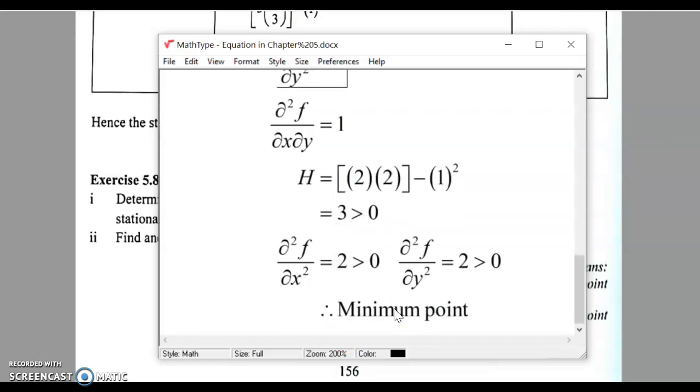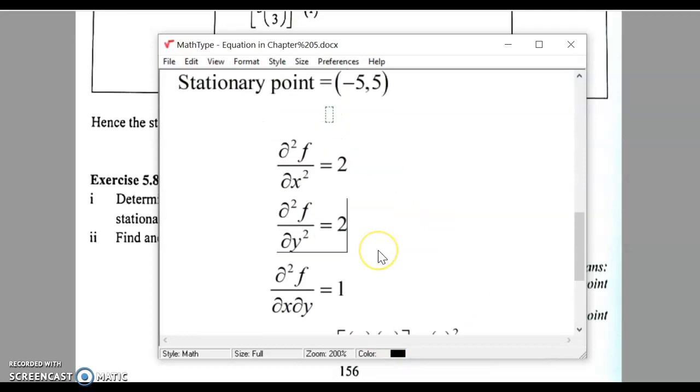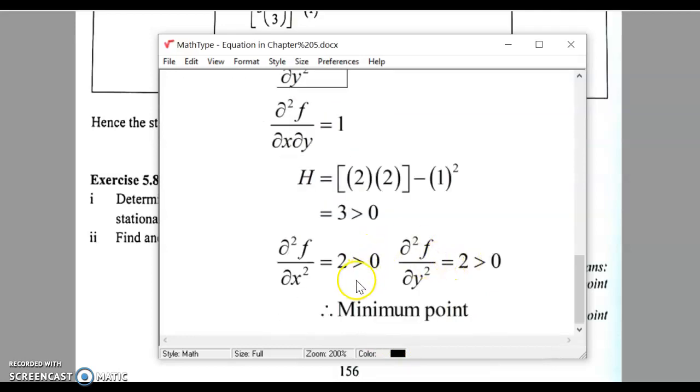When it is more than 0, we need to look again at the value of each second derivative of x and y. For this case, both of them are more than 0, so we can conclude that this point, negative 5, 5, is a stationary point that is actually at the bottom of a graph.